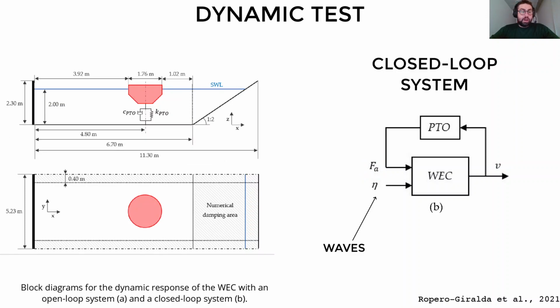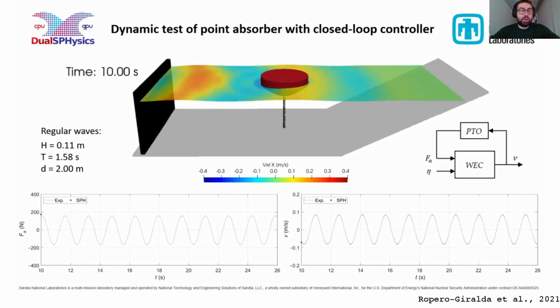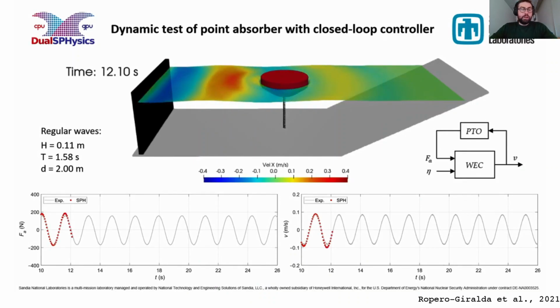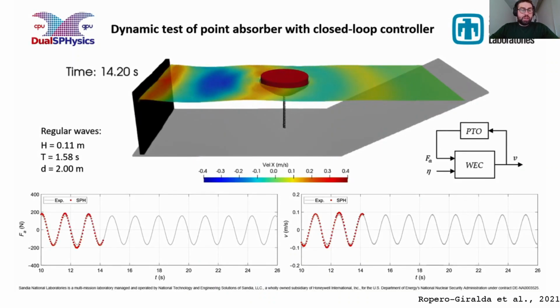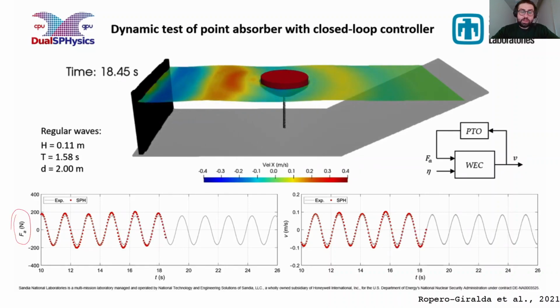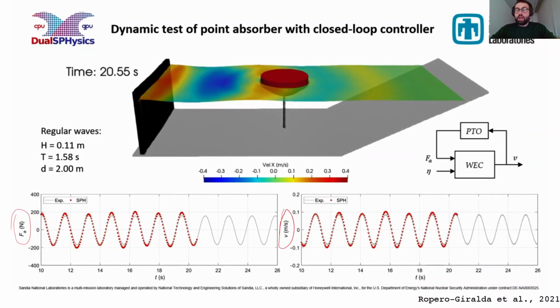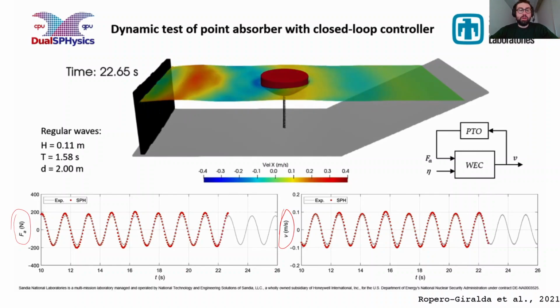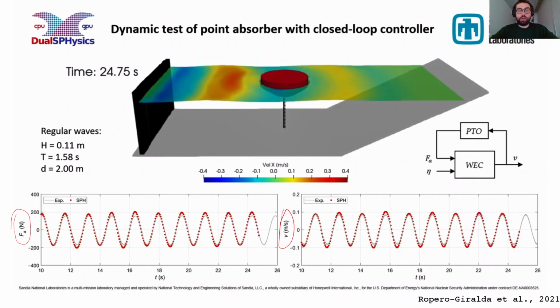Here is the setup for this last validation, and you can see how we define the PTO system, the control loop system, defined as a spring and a dashpot working in parallel. This is the last validation, performed in terms of forces and velocities, and this simulation also shows a good agreement.